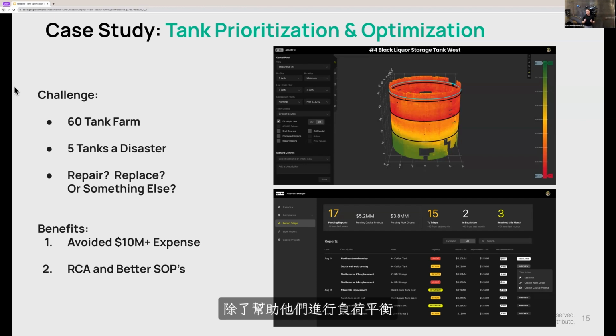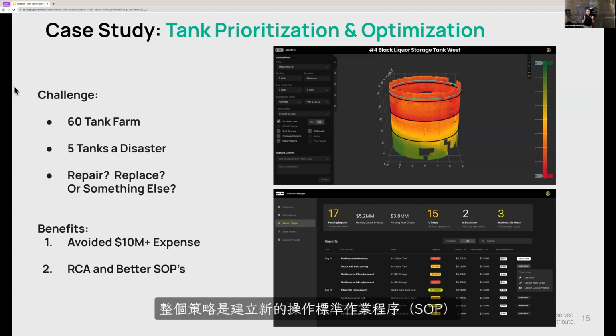Now, in addition to helping them with load balance, we're now going to the next level of value. We're pulling in process data, things like mixture ratios and flow rates and temperatures, to determine what caused so much damage on those 5 tanks in the first place.